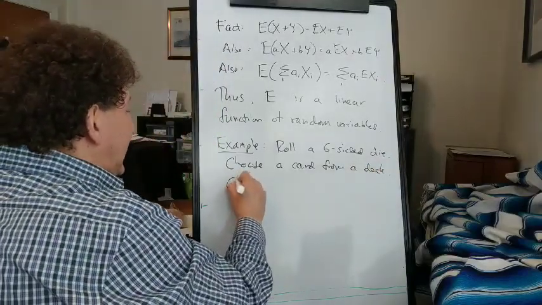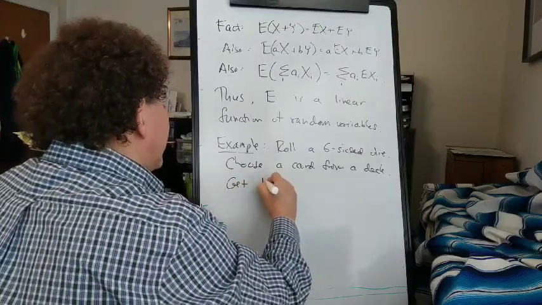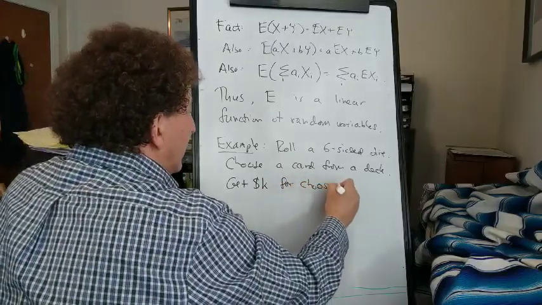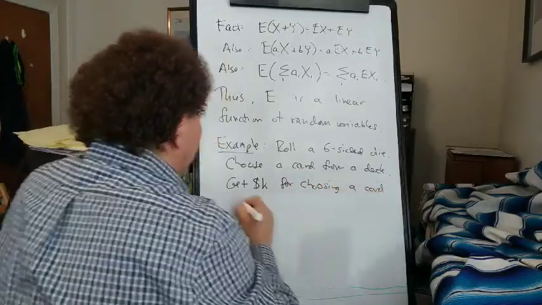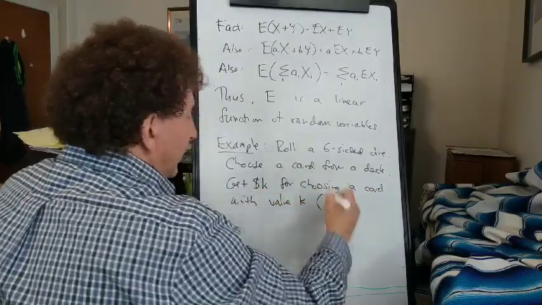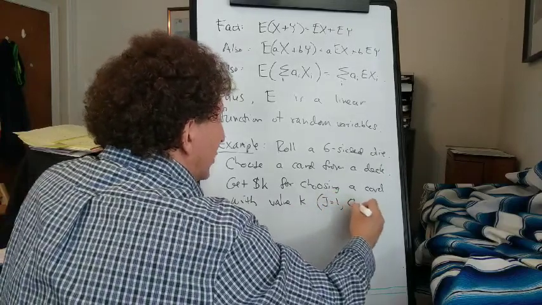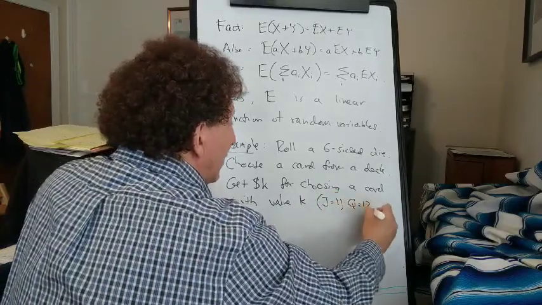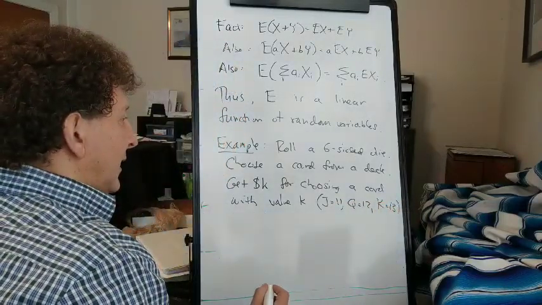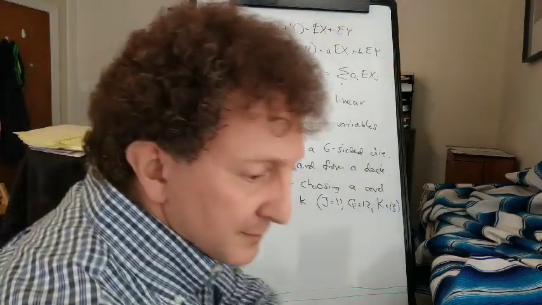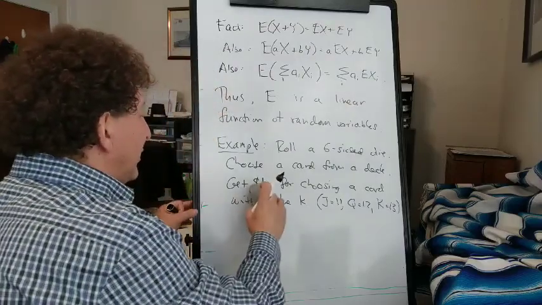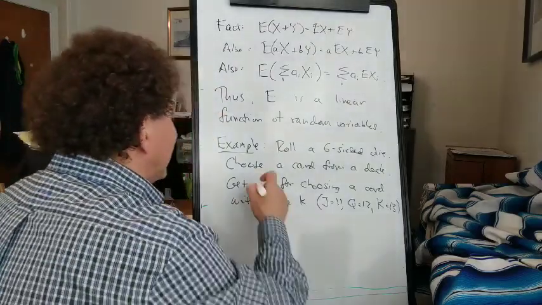And let's say we get K dollars for choosing a card with value K, and I'm going to let Jack be 11, Queen be 12, and King be 13. And actually, let's get $2K for choosing the card with value K.